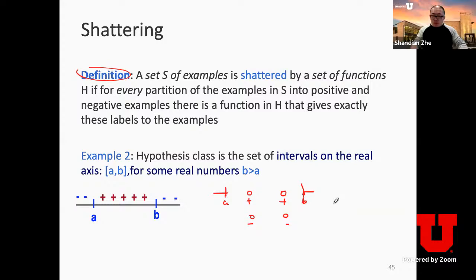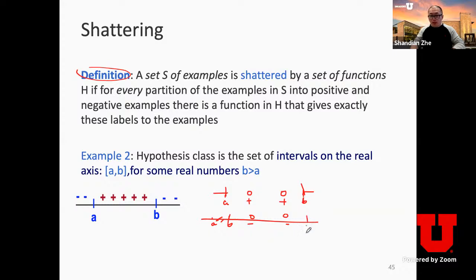Yeah, we have two choices. We can place both A and B to the left, and then these two negative examples stay outside of this interval, so they're going to be predicted as negative. We're correct.